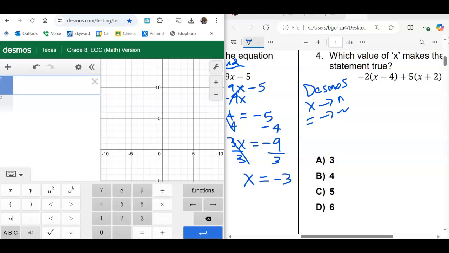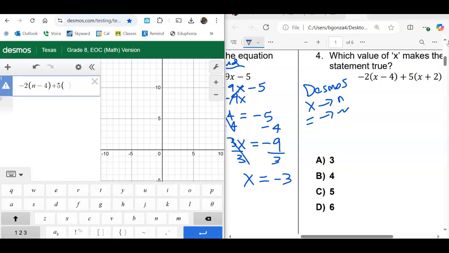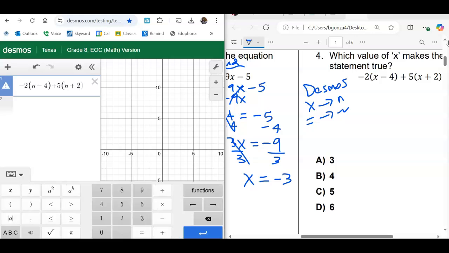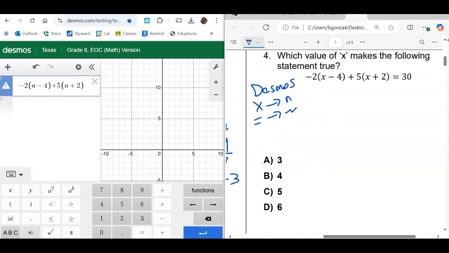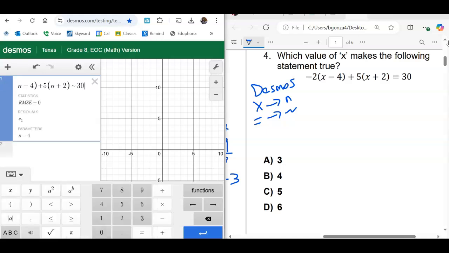Negative 2 parentheses n minus 4 plus 5 parentheses n plus 2 parentheses squiggle 30. We get n equals 4. Boom. Okay, now that's Desmos.